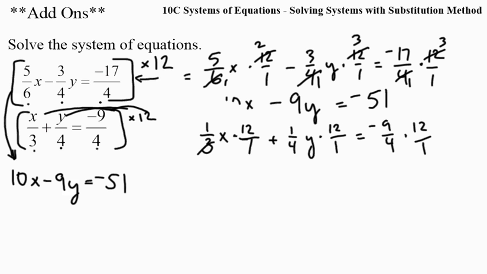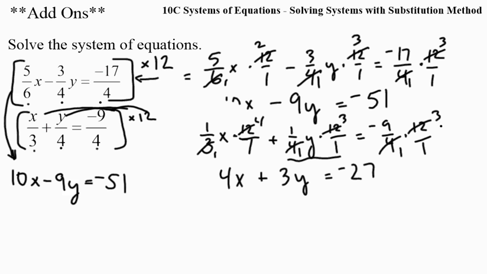Now I can cancel 3 and 12 by 3, leaves me with a 4x. Here, 4 and 12 by 4 leaves me with 3y. And negative 9/4 and 12, 4 and 12 by 4 leaves me with negative 27. And so this second equation, if I multiply everything by 12, here's my new equation without fractions.